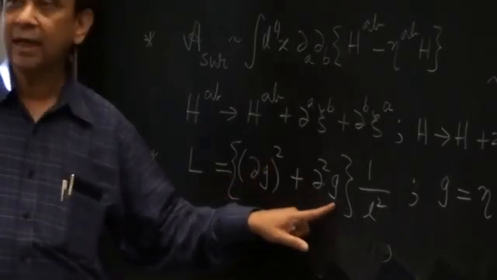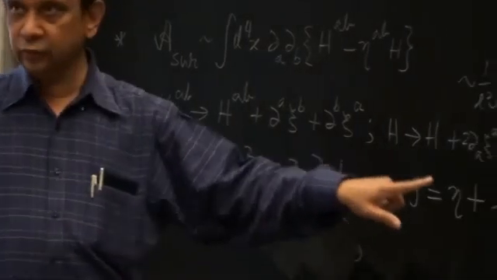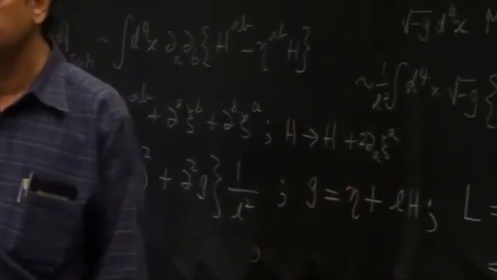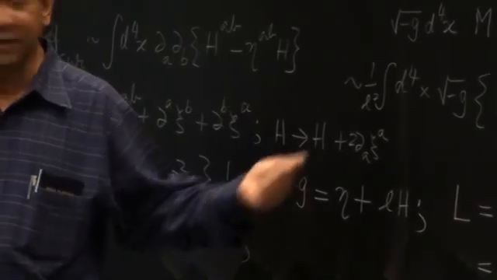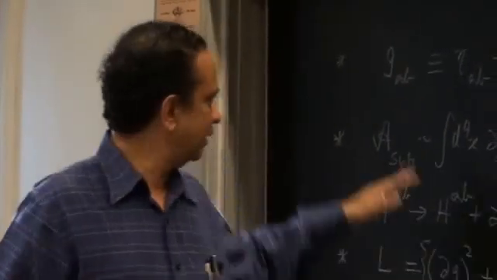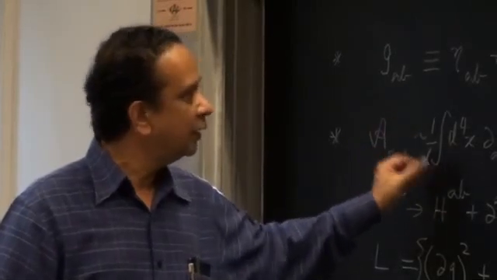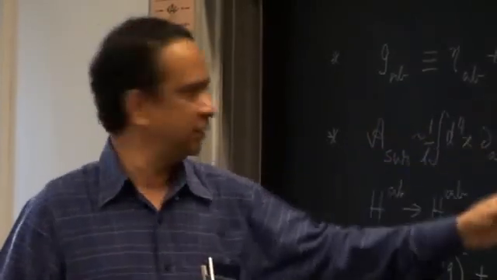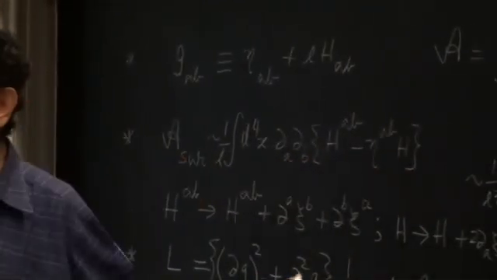Then there is a term which involves second derivatives of the metric. But it also has inverse metrics, no? That doesn't make any difference, because all inverses will go with etas to the lowest order. In fact you can do it more rigorously, and you will end up getting this with a 1 by L in front. This is what you will get, which again you can fix with dimensions, because this has dimensions of 1 by L, this has 2 dimensions, so there must be a 1 by L there.